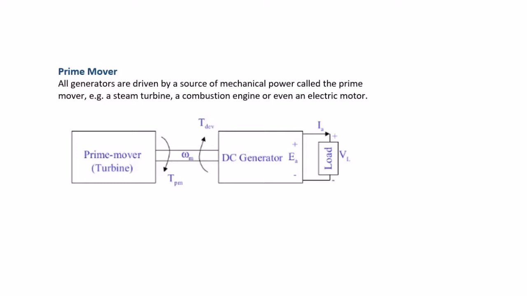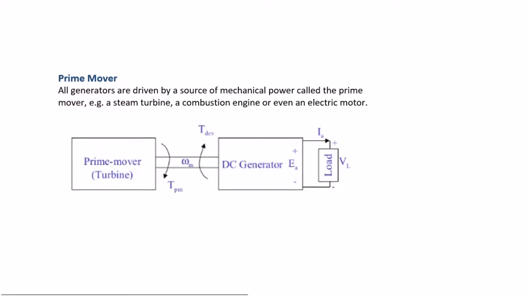All these prime movers are devices that provide the mechanical power input to the generator. Without this mechanical energy going into the generator, the generator will not be able to generate electricity as its output.